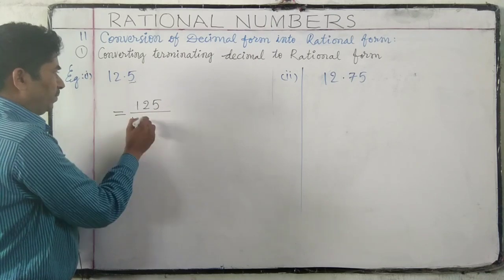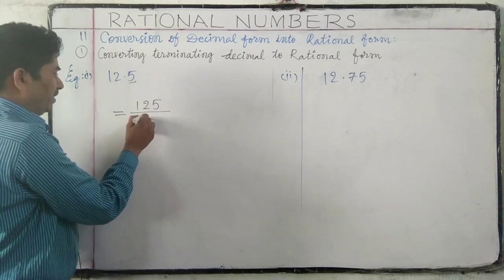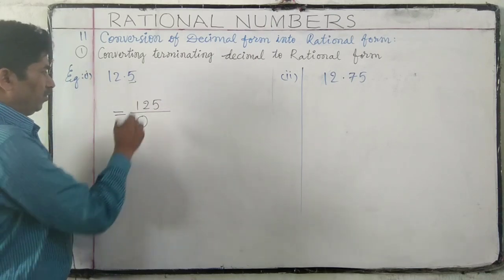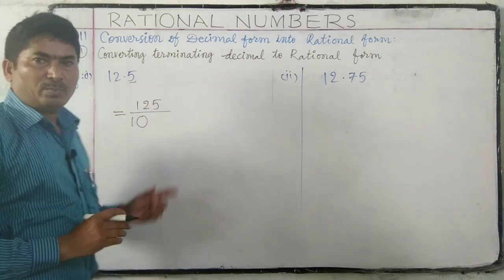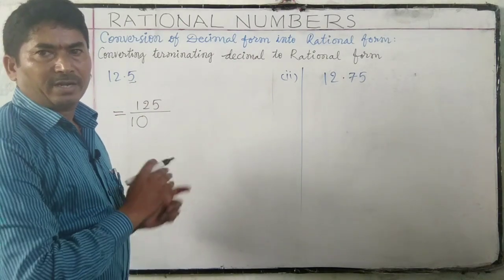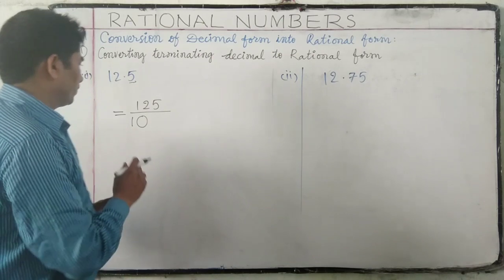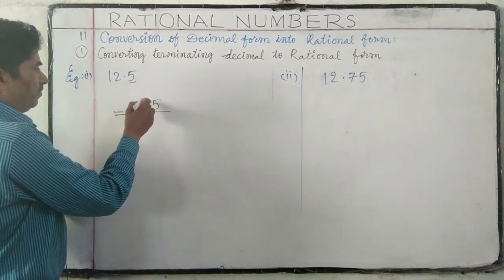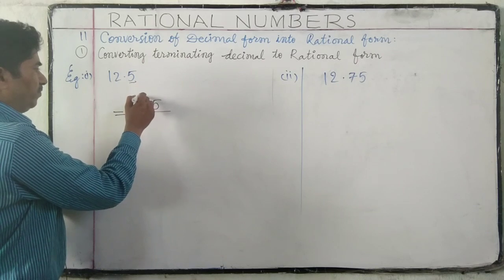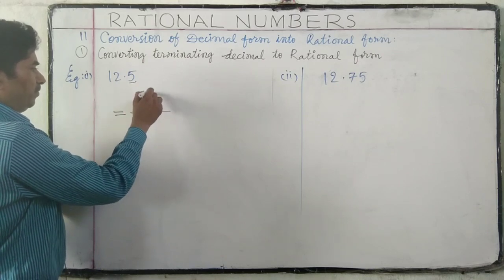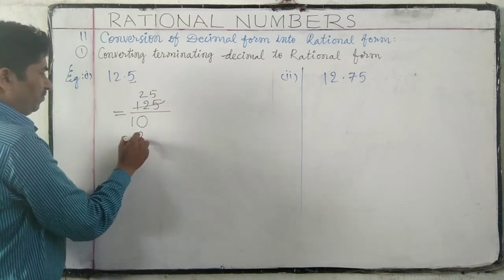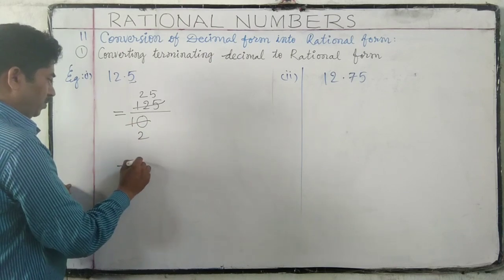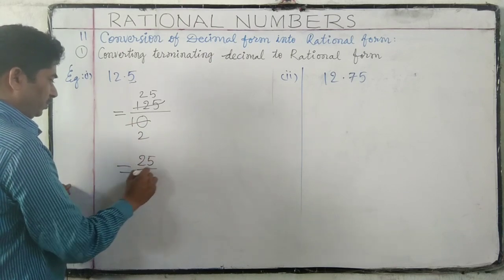Here there is 1 decimal place, so we write 10. If possible, we make it in simplest form, so 125 by 10, divisible by 5: 5 2s are 10, 5 25s are 125, so 25 by 2.